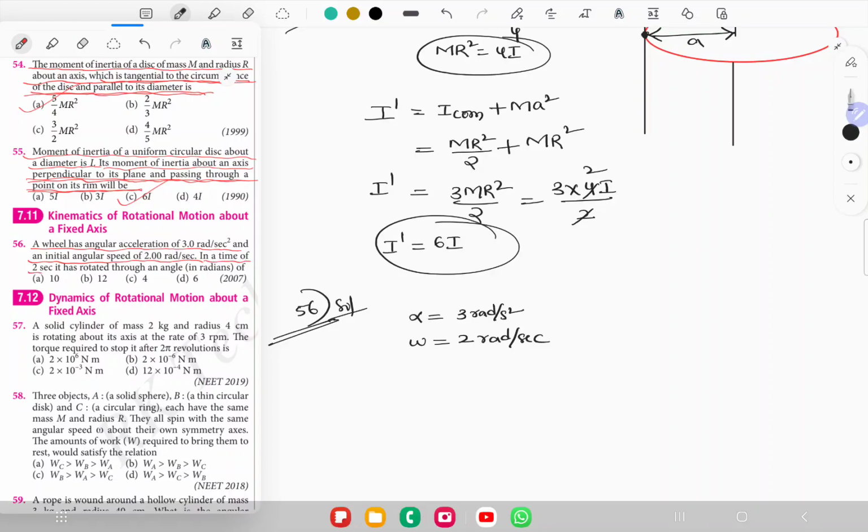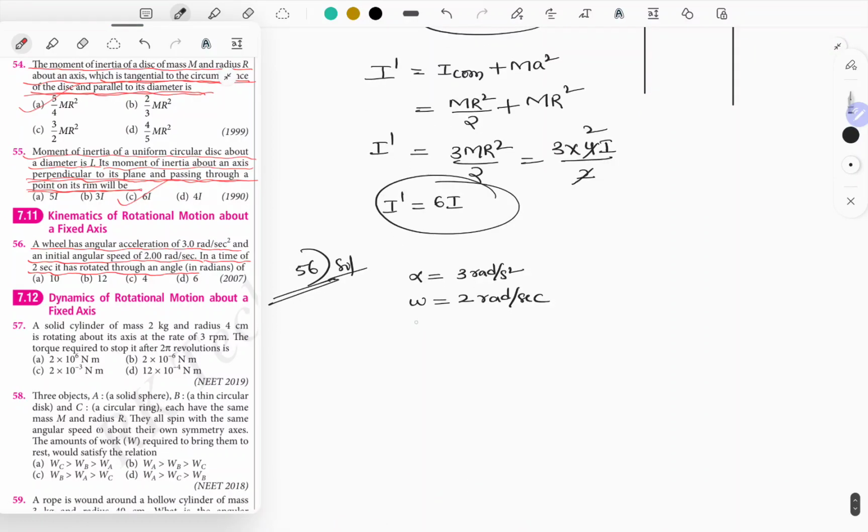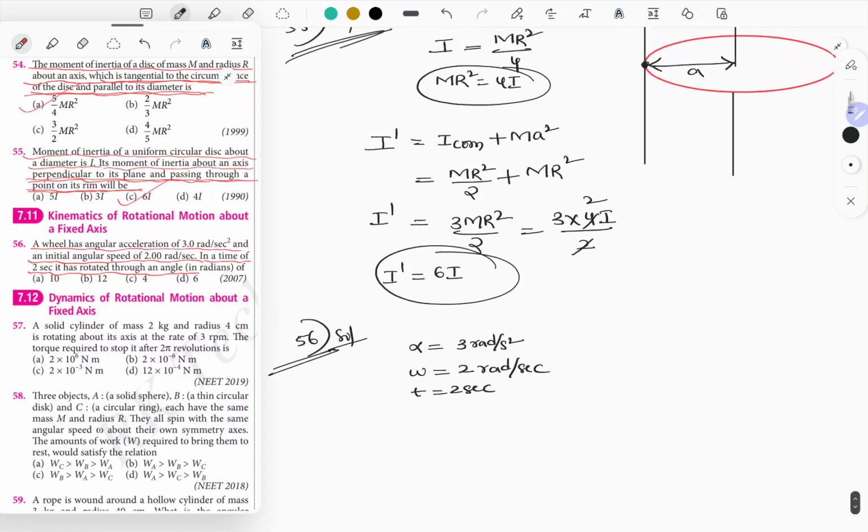In a time of 2 seconds, it has rotated through an angle of, so t is equal to 2 seconds. What is the angle that it has rotated?